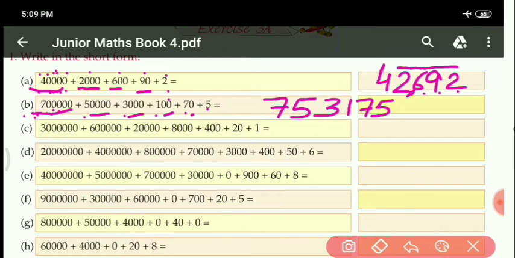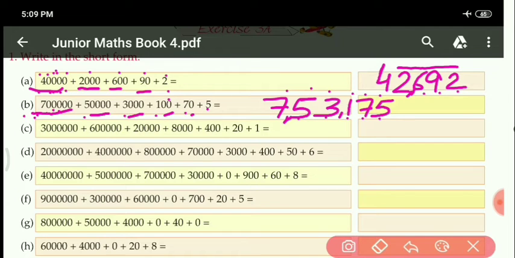Now we will put the comma also. Okay, as I told you, in ones period 3 places are there: ones, tens, 100. Then put comma. First period is over, then 1000 and 10,000. Second period also over, so then here also put comma. Okay, then required number what will be? 7,53,175. Got it? Similarly we can do next part also.